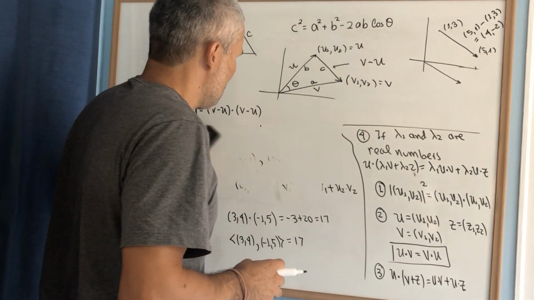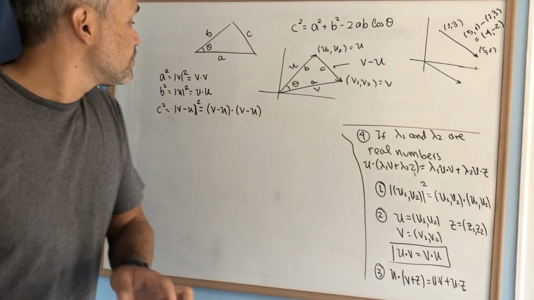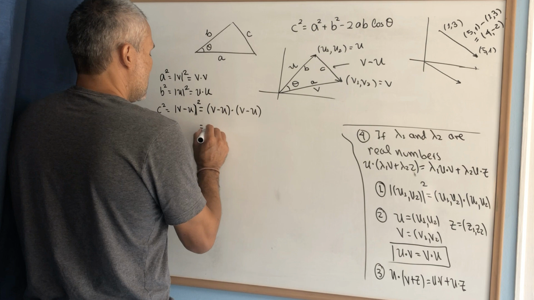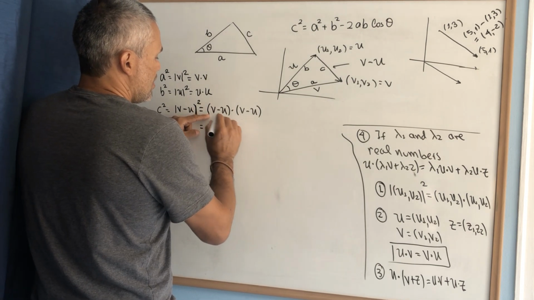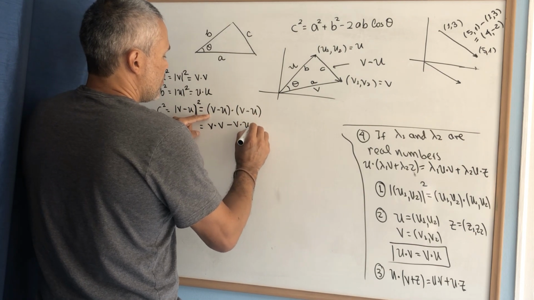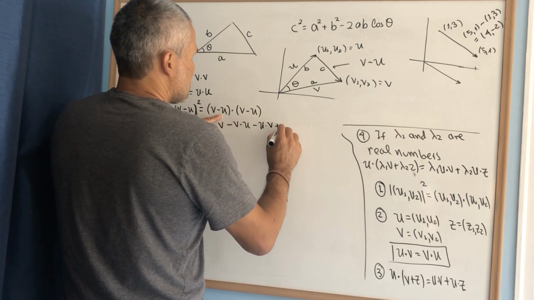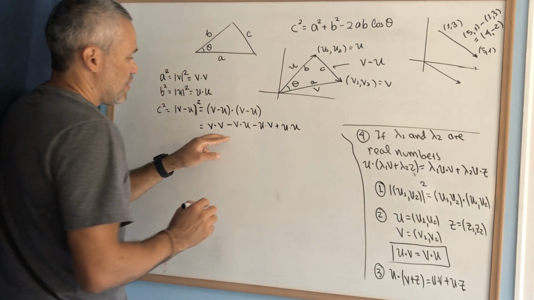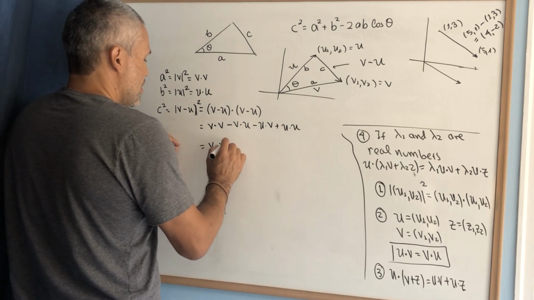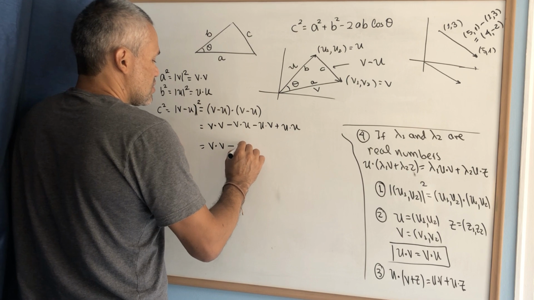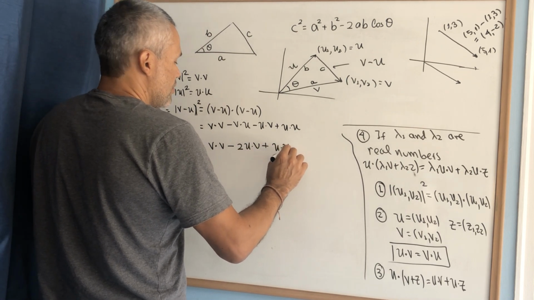But using these properties of the dot product, this is equal to v dot product with v minus v dot product with u minus u dot product with v plus u dot product with u. But remember that the dot product commutes, so this is just v dot product with v minus 2 times u dot product with v plus u dot product with u.